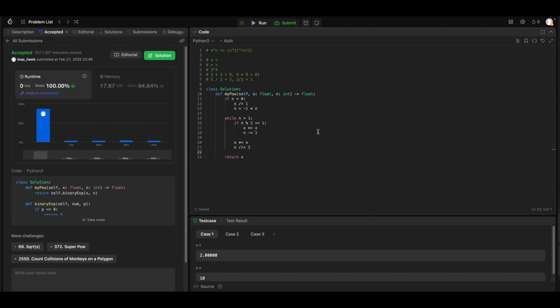But I'm probably missing something here. Let's see what that could be. So I have x. If I'm seeing that my n is less than 0, that means my power is negative.